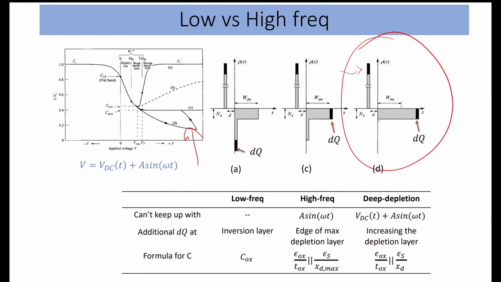But here we are not giving time to generate. And when we are not giving time to stabilize, or we can say not equilibrium, or to get it stabilized at WD max, we are not giving any time.